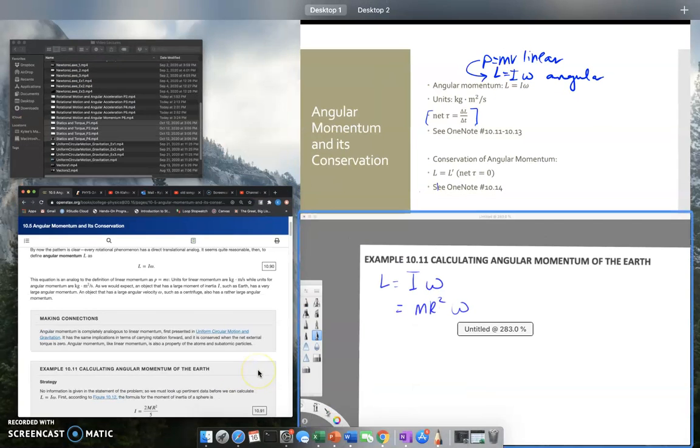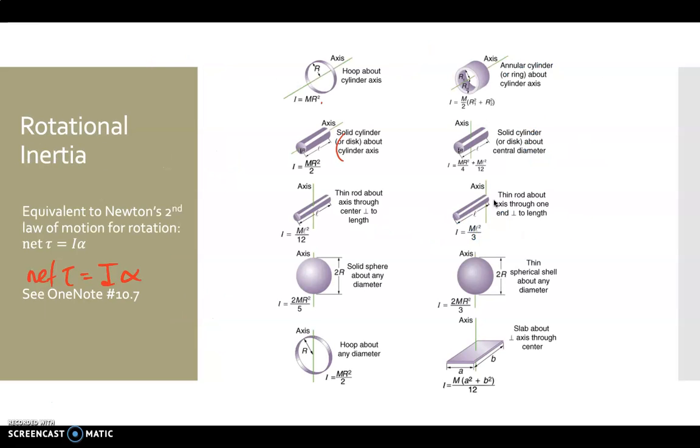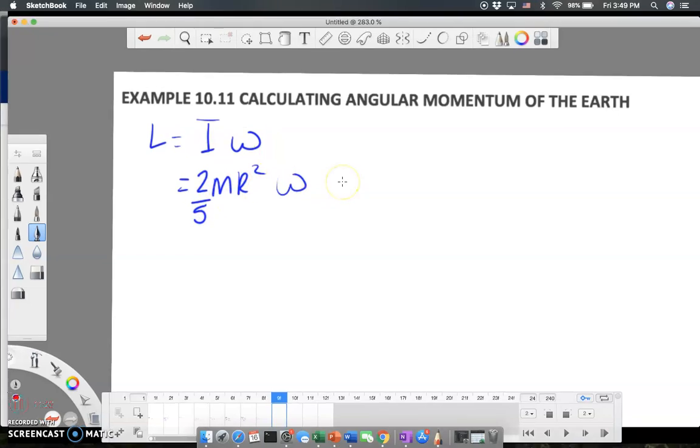Oh, so we, first of all, are looking at a sphere, not just a circle. Solid sphere about any diameter, solid sphere, thin spherical shell. No, so we're looking at a solid sphere here because we're looking at the Earth. So it's going to be 2 over 5 mr squared. So that's going to be my term out front, 2 over 5 mr squared.